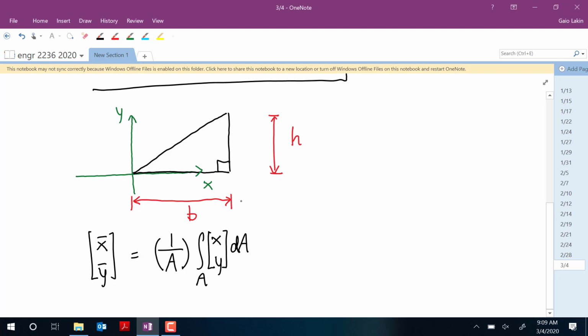But what we're going to do is our dAs are going to be like in the definition of a Riemann sum when you first talked about integrals. We're going to break it up into pieces like this.